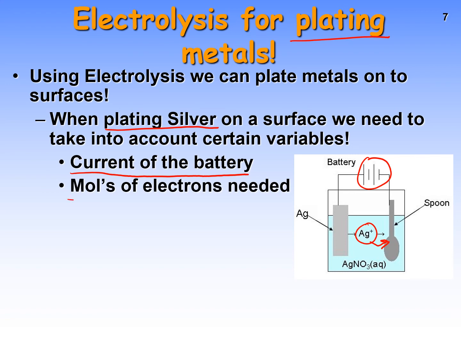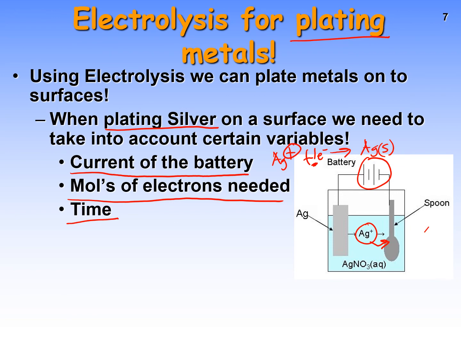We need to know how many moles of electrons I need to actually get silver, in this case, to go from silver plus to silver solid. In this case, it'd be 1 electron because of the +1 charge. But other metals have different charges, so it might be a different number here. And time.